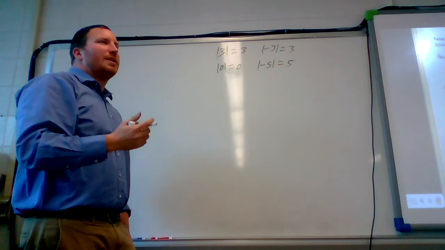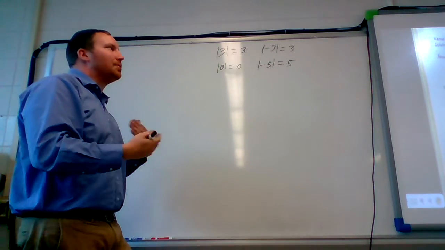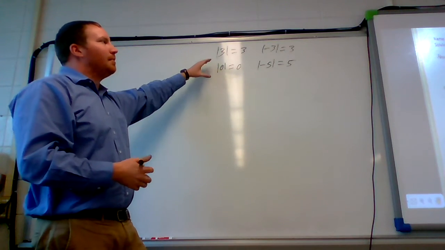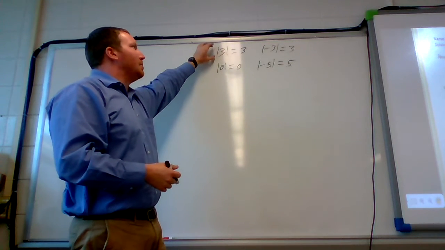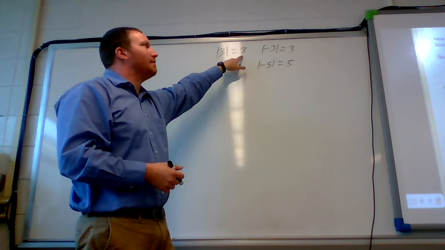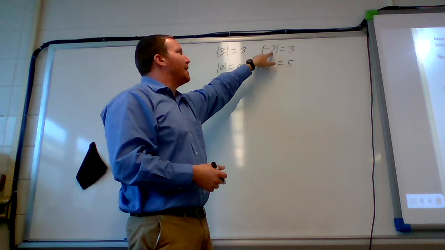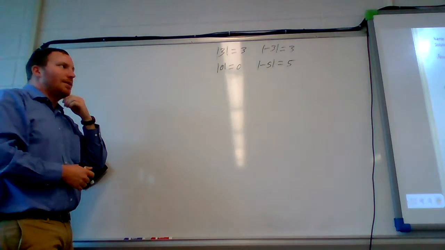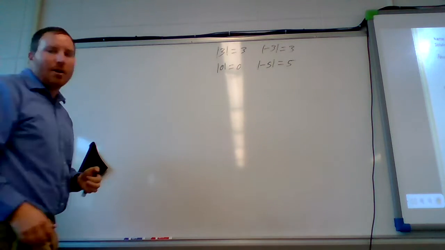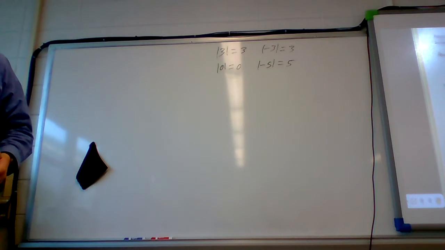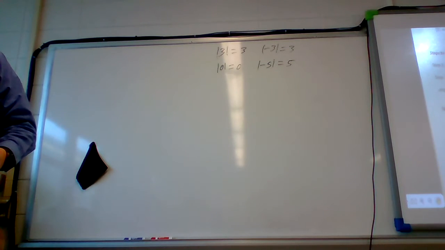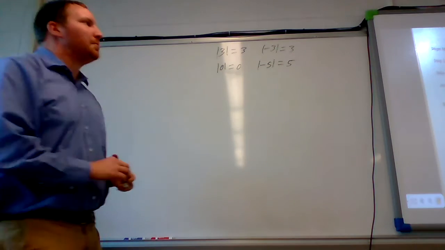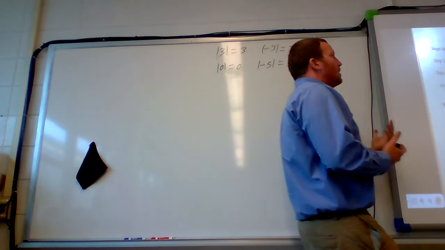So because of that, we're kind of going to have two answers, right? When we're talking about solving absolute value equations, we can have both a positive answer and a negative answer that both result in the same distance of 3. So we're going to have to take that into account whenever we solve these equations. So the way we do that is, first off, we have to set our absolute value equal to some number.